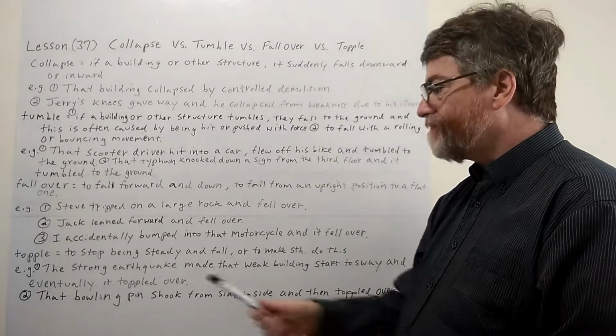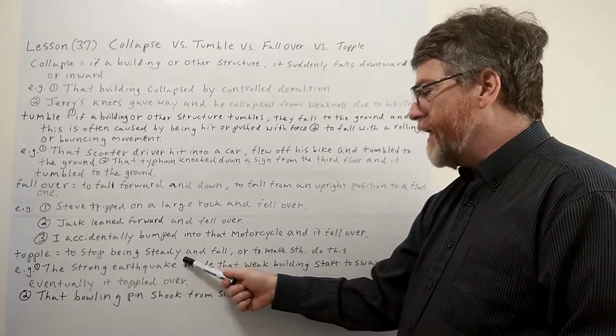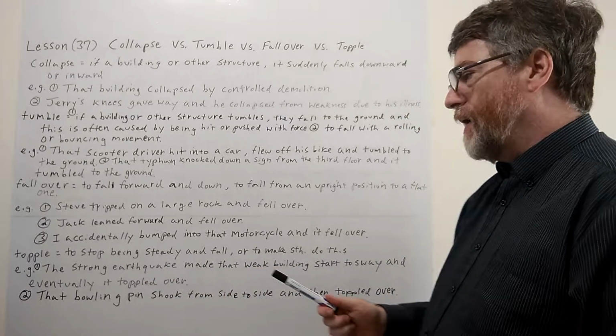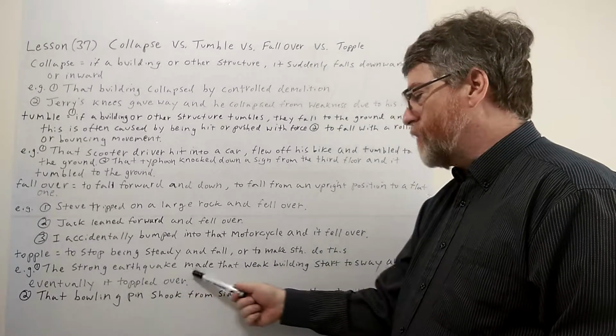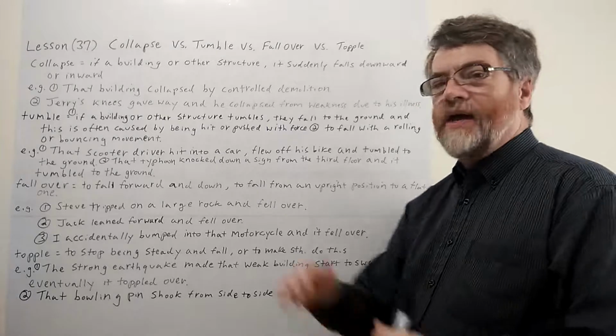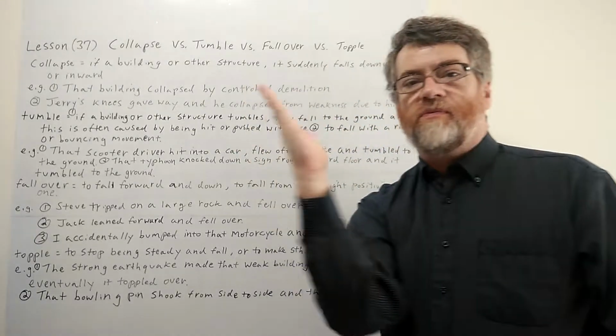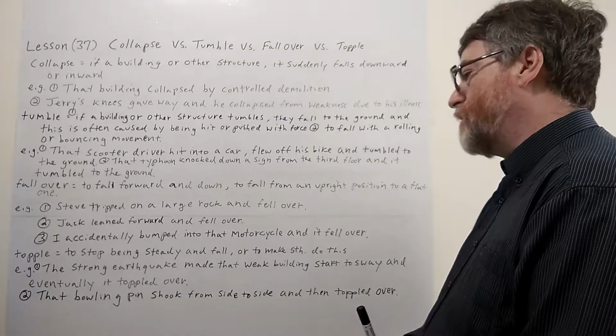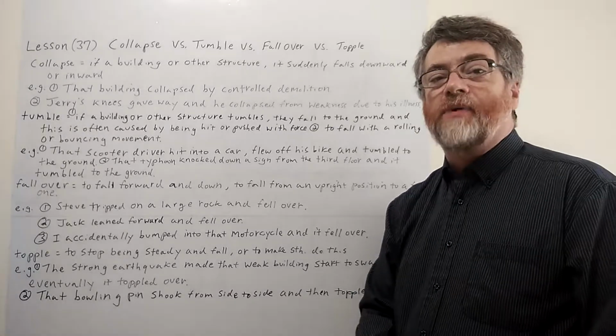Topple: to stop being steady and fall, or to make something do this. That strong earthquake made that weak building start to sway. When you sway, it's a movement from side to side like this. So it made it sway, and eventually it toppled over.